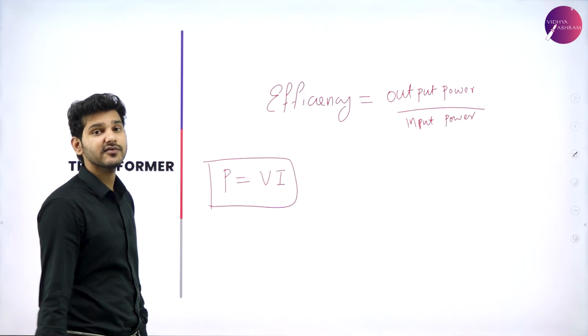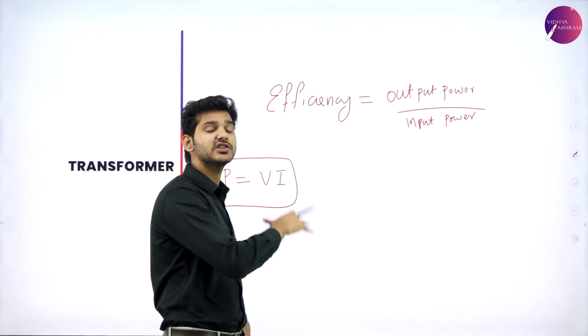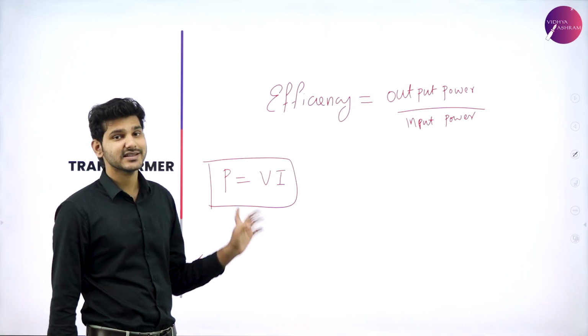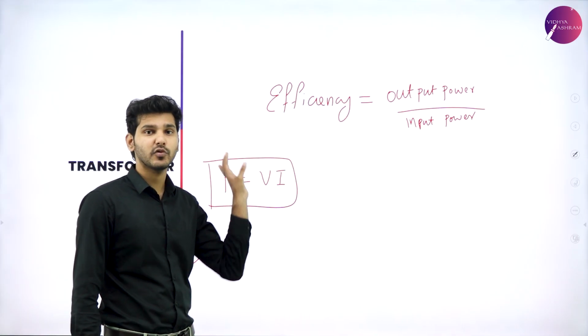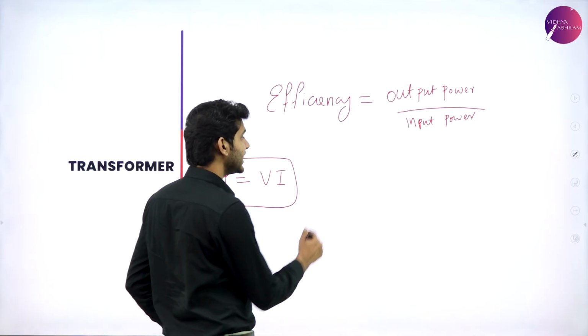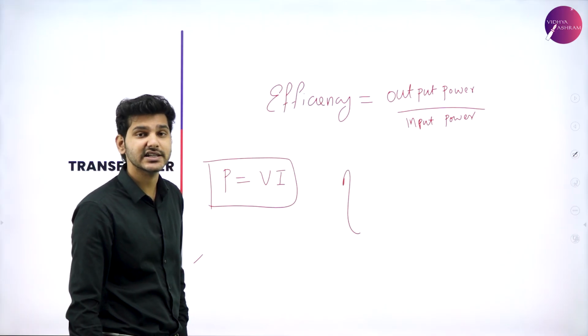This is the primary thing we do know, and we also know that we are speaking in terms of a transformer here. So automatically V and I, that is the output voltage and current, will be in the secondary coil, right? Efficiency is indicated by the Greek letter eta.